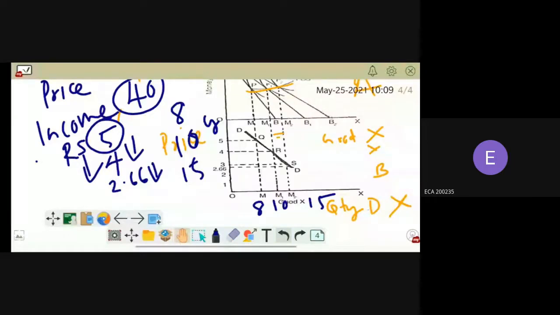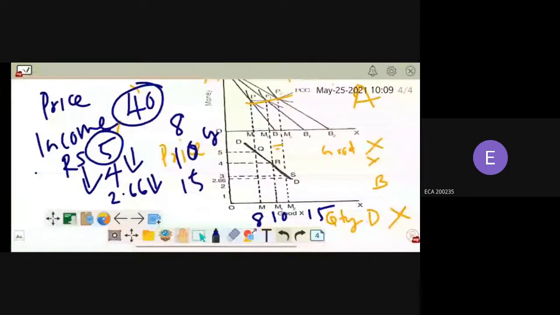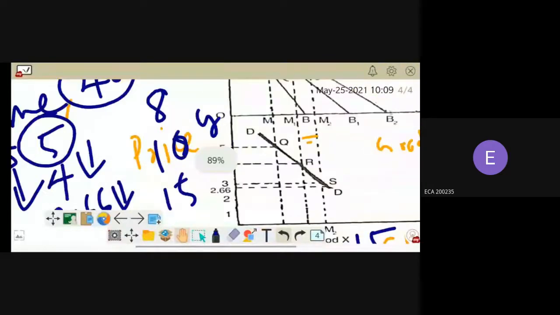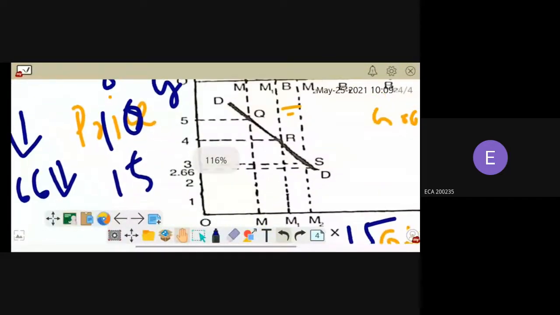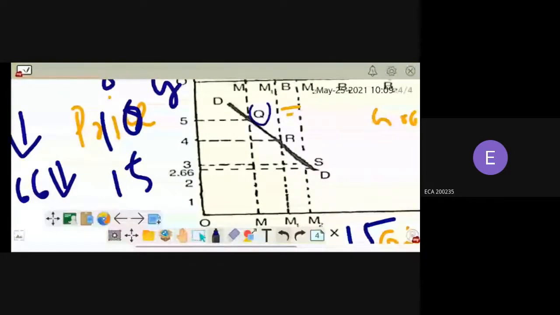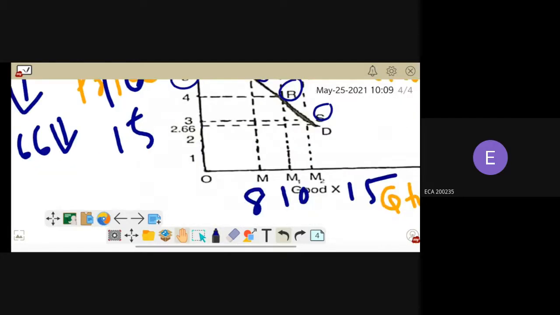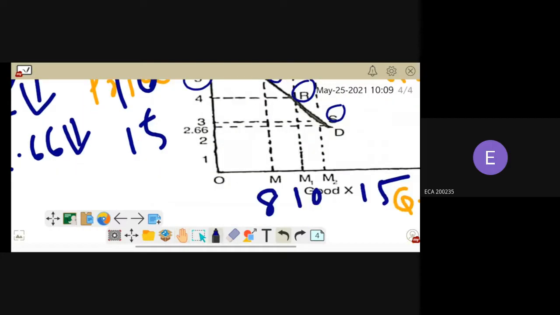So these are the corresponding points, that is Q, R, S. So at point Q, the price is 5 and the quantity purchased is 8, or OM.